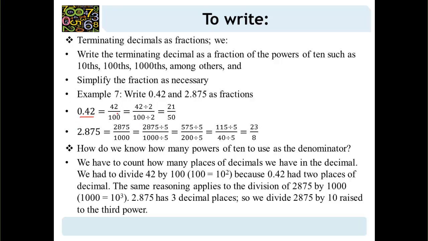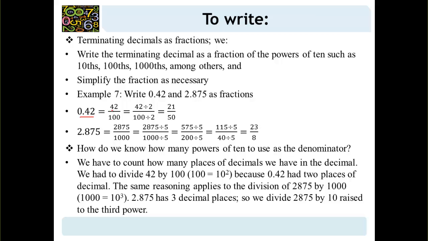If we want to convert it to a fraction, then we forget about the 0 point. We just write it as the whole number, 42, divided by 10 to the second power. Why do we do 10 to the second power? Because 0.42 has 2 decimal places. So we do 10 squared, which gives us 100.